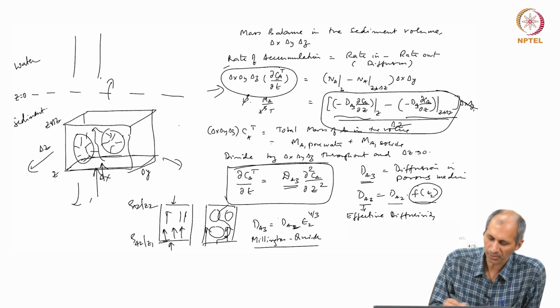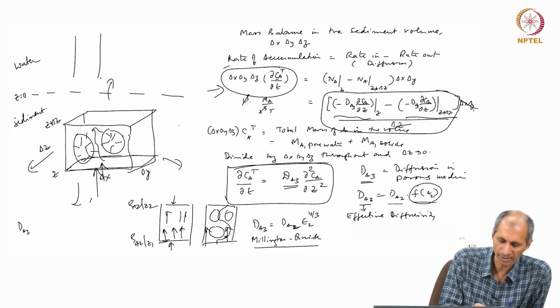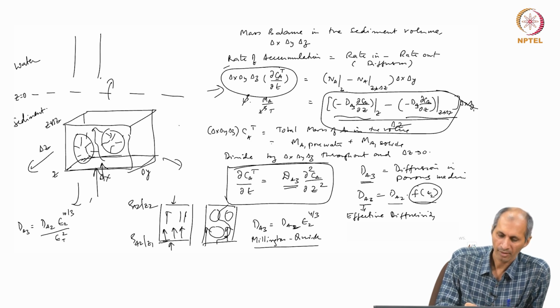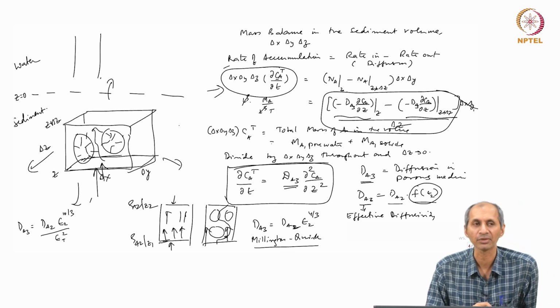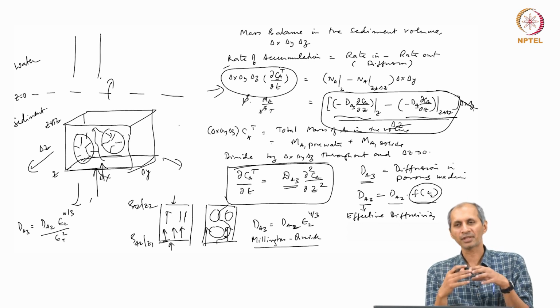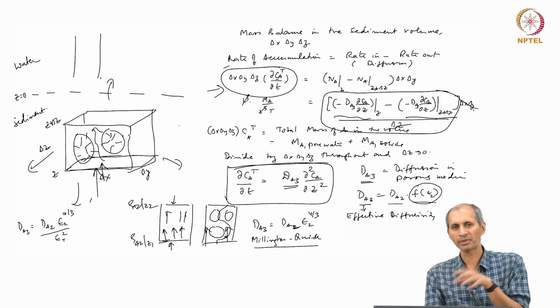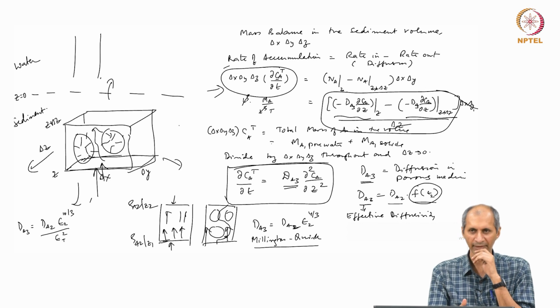So the general expression for dA3 in the Millington-Quirk expression is dA3 is dA2 multiplied by epsilon 2 raised to 10 by 3 divided by epsilon T squared, which means that there is another phase in the pore space. For example, in the case of unsaturated soil, some part of the pore space is filled with water and some of it is filled with air.